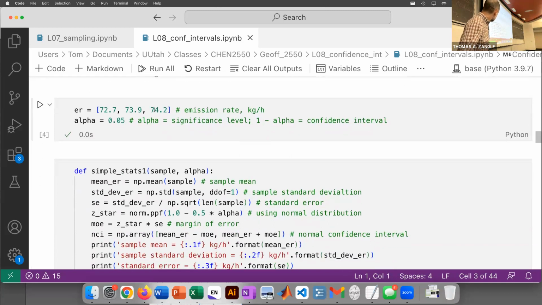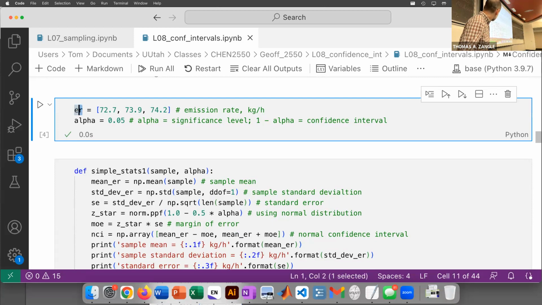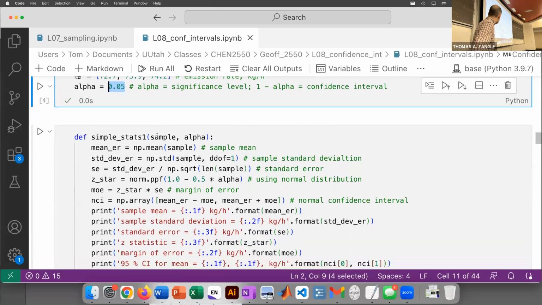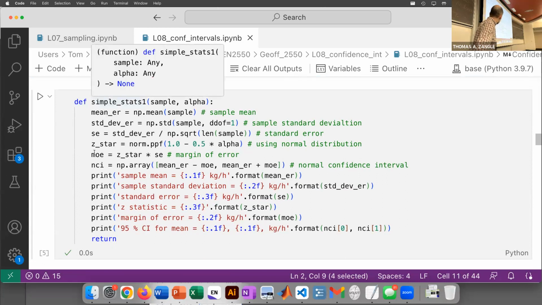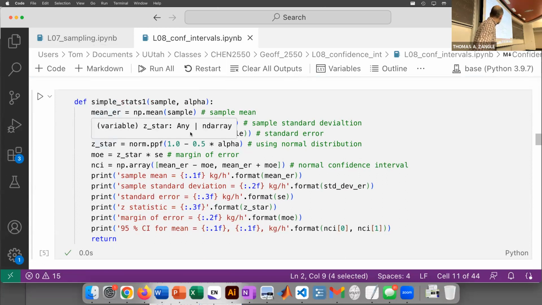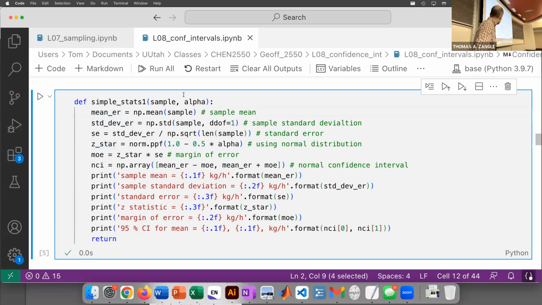So in this case, we have our sample data put into this vector here, and there is our significance level of 0.05. This function returns some simple statistics on our data, including the mean, standard deviation, and standard error.